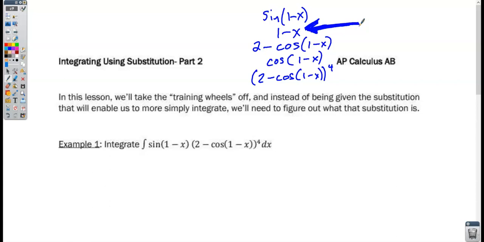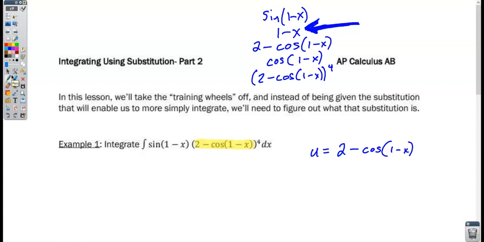So I want something that is inside of another function. And I think the best substitution is going to be u equals 2 minus the cosine of the quantity 1 minus x. Now, why did I pick that? I picked that because it's the entire expression inside these parentheses that's being raised to the 4th power. And so that is definitely something that is inside of a composite function.